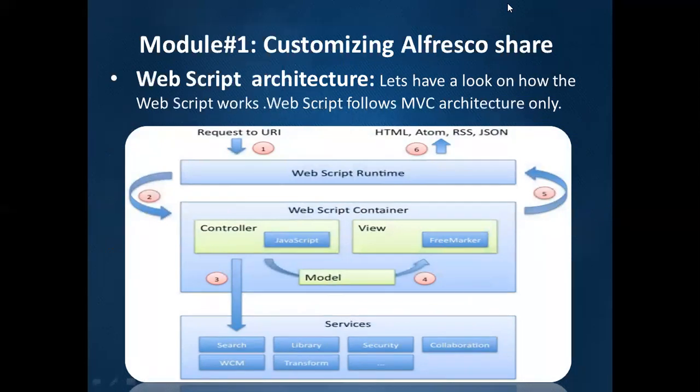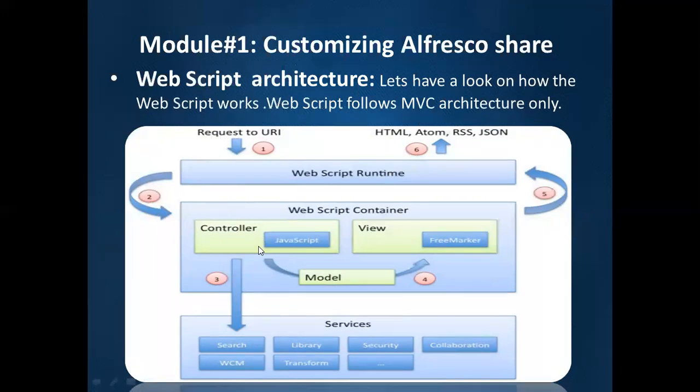So we will follow step by step, and we will understand what this schema tries to explain to us. Okay, so you can see these numbers 1, 2, 3, 4, 5, and 6. Number 1, this is the request. So this is the request of your URI. So the request comes by step 2, enters the controller.